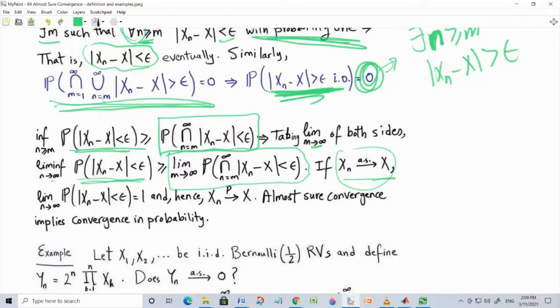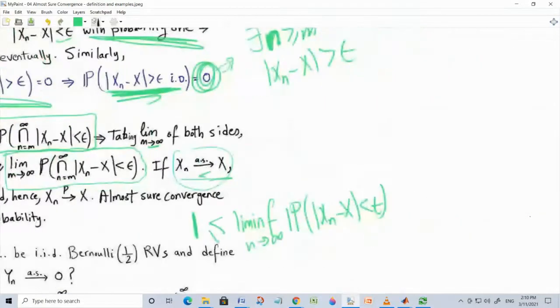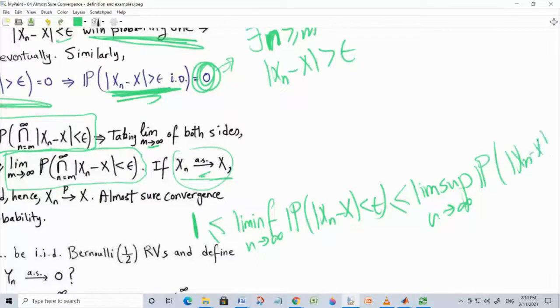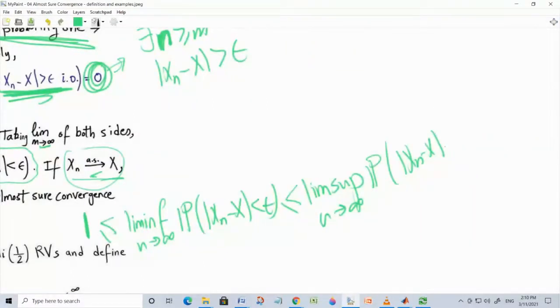So now we have the limit infimum. Because we have convergence almost surely, 1 is less than or equal to the lim inf as n tends to infinity of the probability that |Xn − X| is less than epsilon, right? And lim inf is always less than or equal to the lim sup, right? And probabilities are always upper bounded by 1.